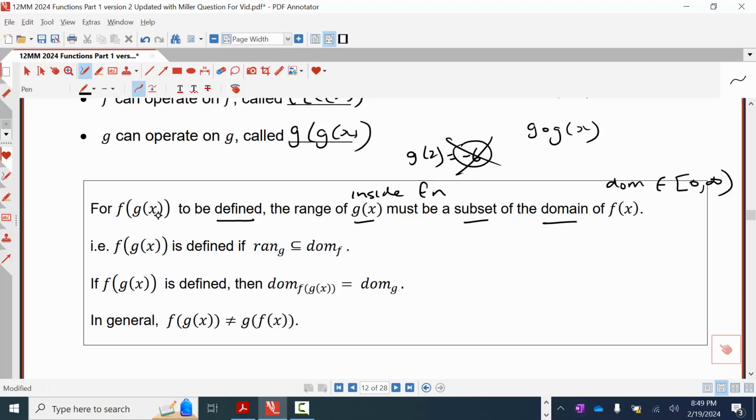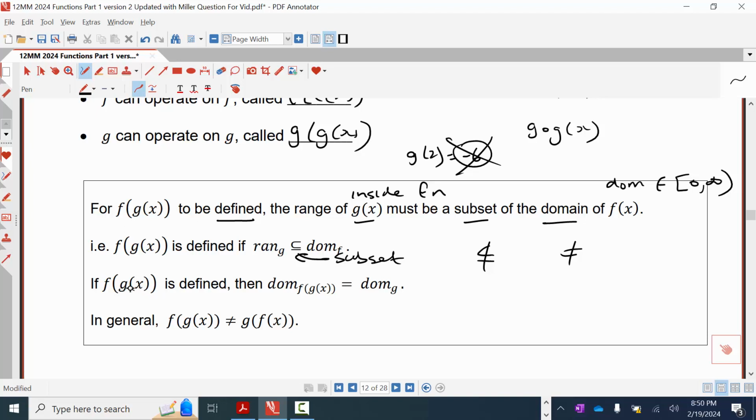So that would be an undefined composition, or a composition that we can't form at this stage. This notation is used to check that, and I'll be using that in the examples. This symbol here means subset, and we can write not subset by slashing the subset, a bit like not equals.